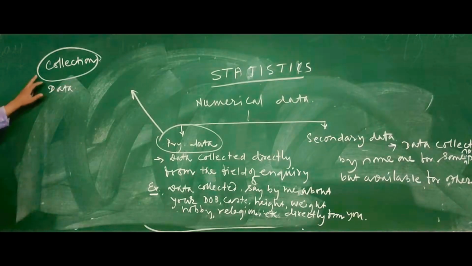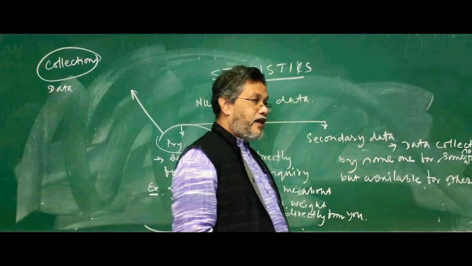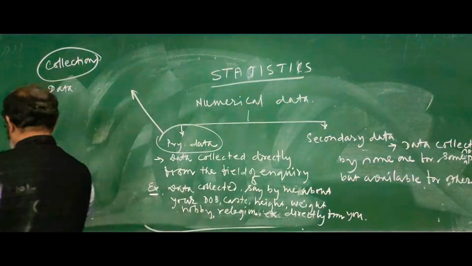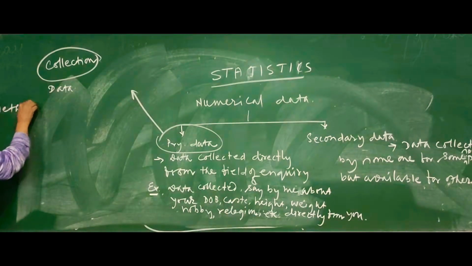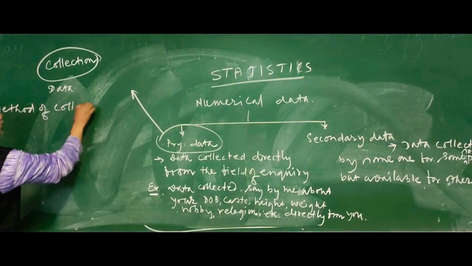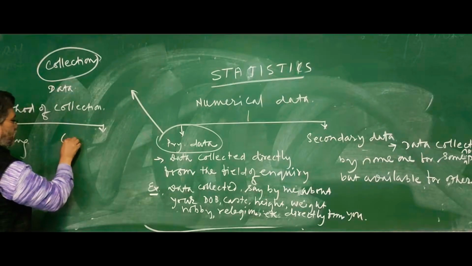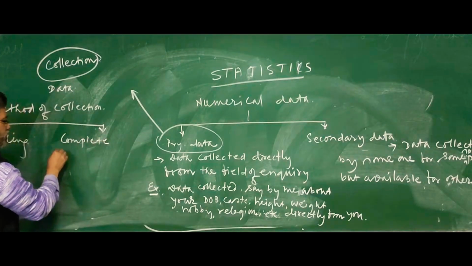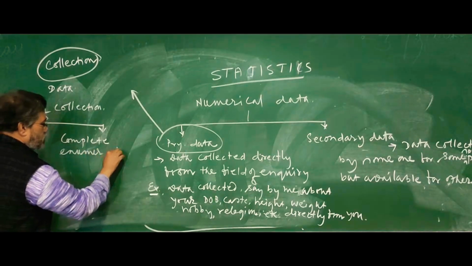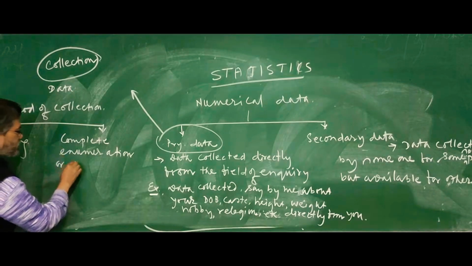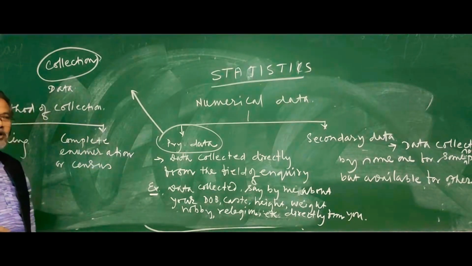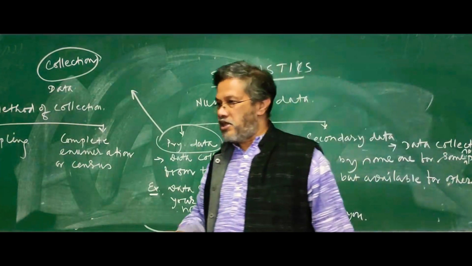The method of collection may be again two methods. Sampling is a method, and complete enumeration, or census method.